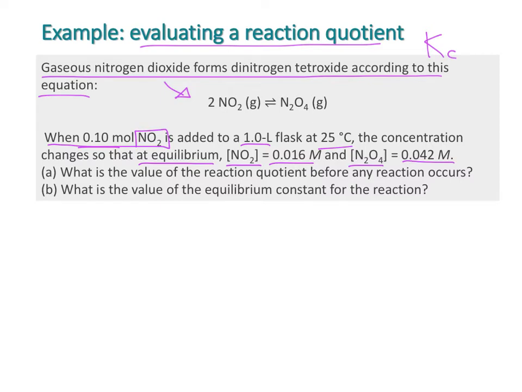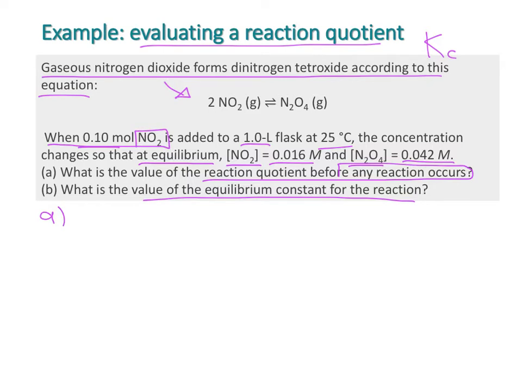A, what is the value of the reaction quotient before any reaction occurs? B, what is the value of the equilibrium constant? So part A is asking for a reaction quotient before the reaction occurs, so at time 0. And in order to solve this, we first have to pick out what information means what.